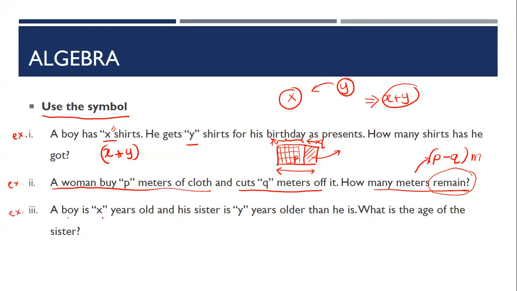A boy is X years old and his sister is Y years older than him. We have to find the age of the sister.